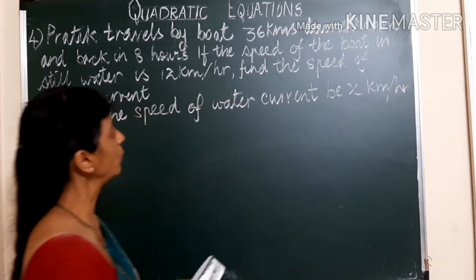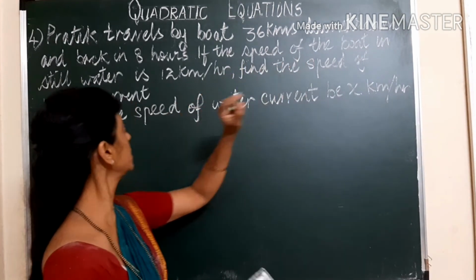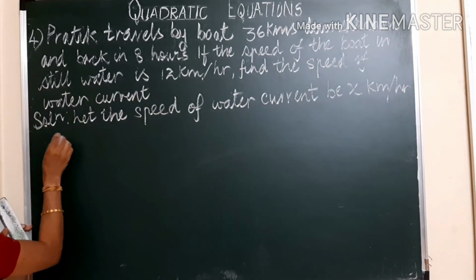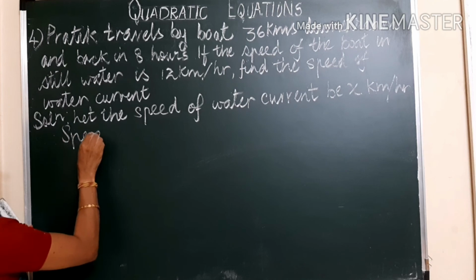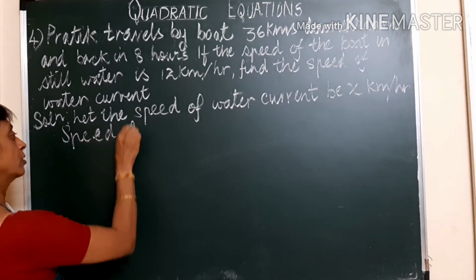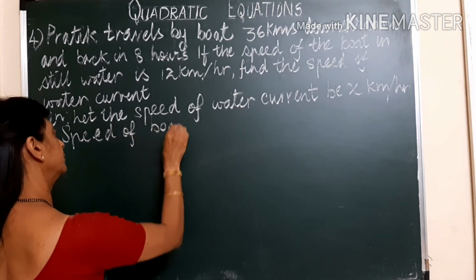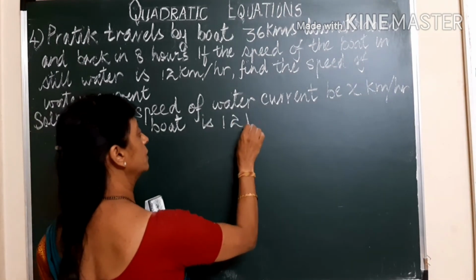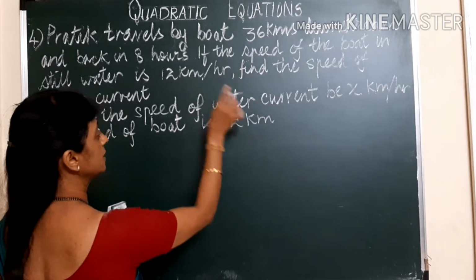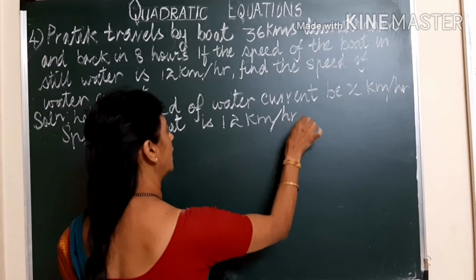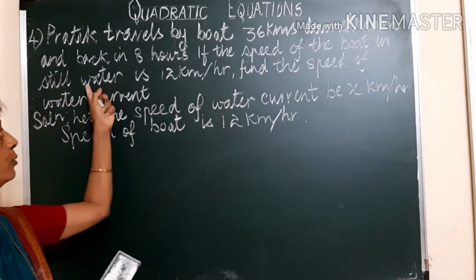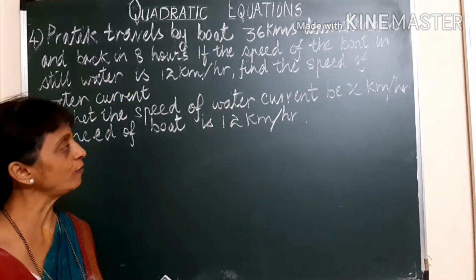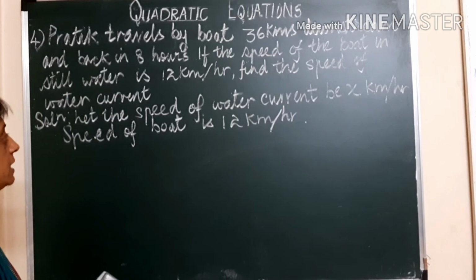What is given? The speed of the boat in still water is 12 kilometers per hour. So let's jot it down. Speed of boat is 12 kilometers per hour. That is speed of boat in still water. That means it is equal to the speed of boat. That is 12 kilometers per hour.